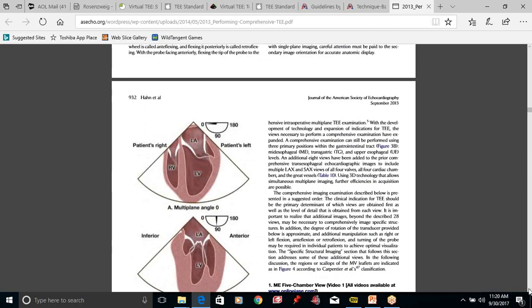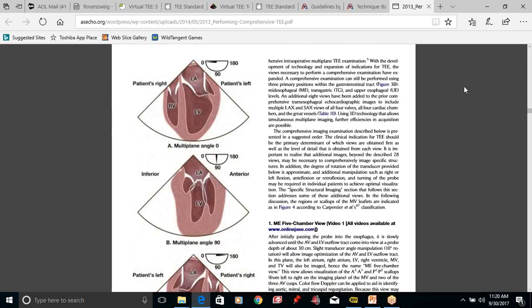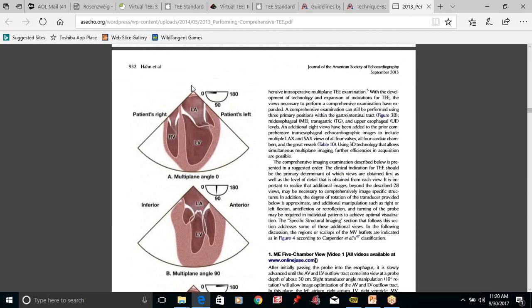Okay, so you have to have a basic understanding of the orientation, what's going on.